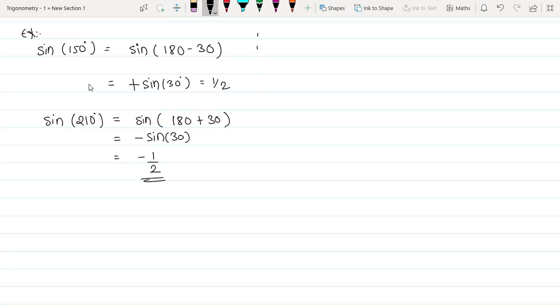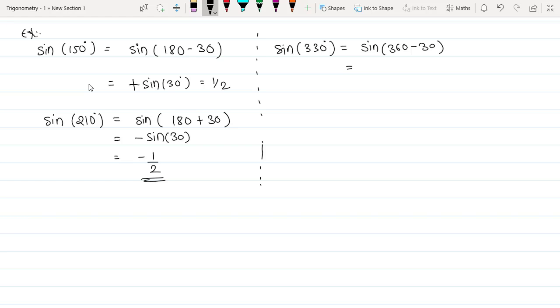Now let's see the next set of questions. Sine of 330 degree is equal to what? How will you write it in standard form? I will write it as 360 minus 30 degree. Which quadrant is 330 lying in?